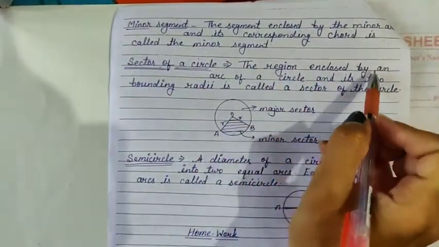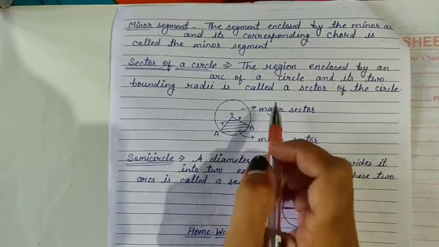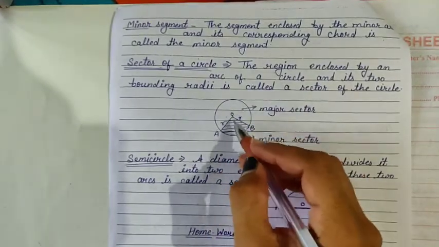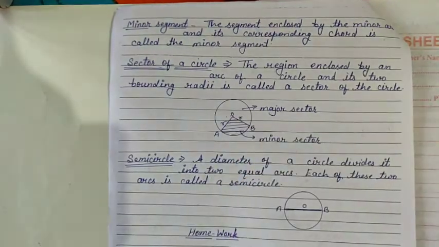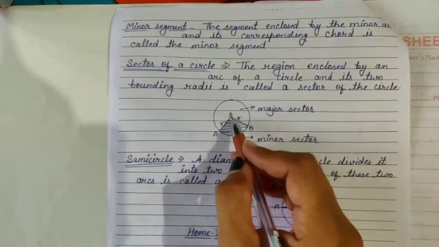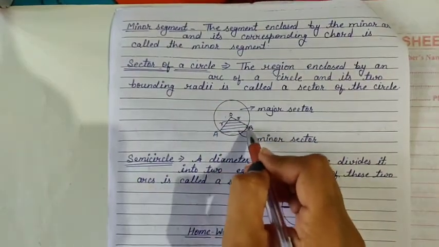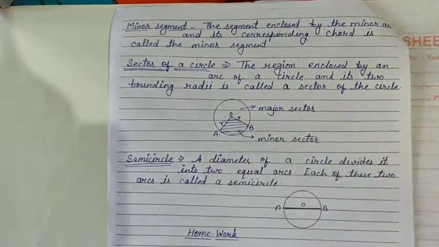Now, sector of a circle. The region enclosed by an arc, this is an arc AB of a circle, and its two bounding radii, OA and OB are two radii of this circle, is called a sector of the circle. The region enclosed by an arc of a circle and its two bounding radii is called a sector of the circle.